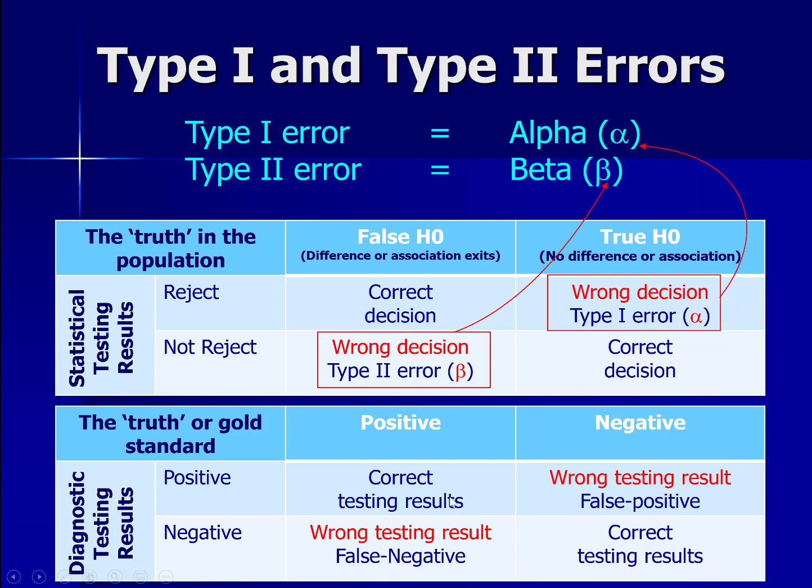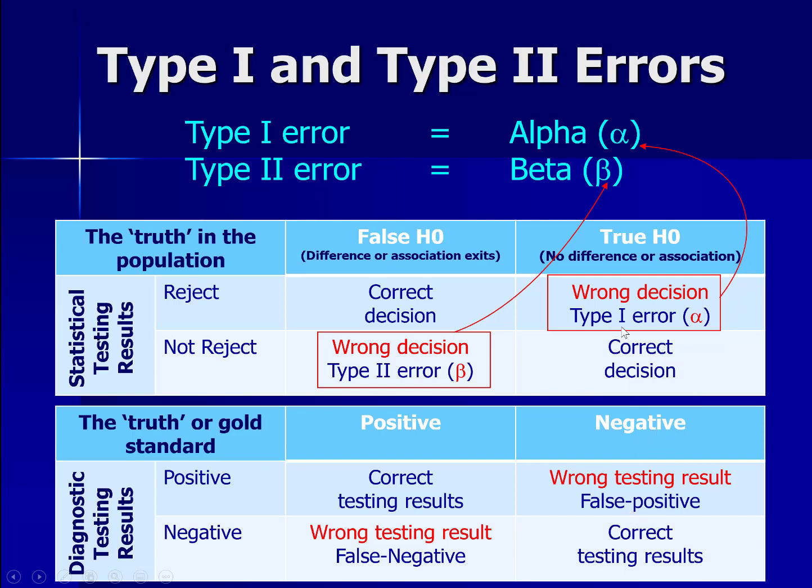Here are all the possible combinations of those decisions. It will be wrong if you say positive by smelling, but in fact it is negative. That means a wrong test result, or false positive. The test says positive, but actually it's false because it's negative.